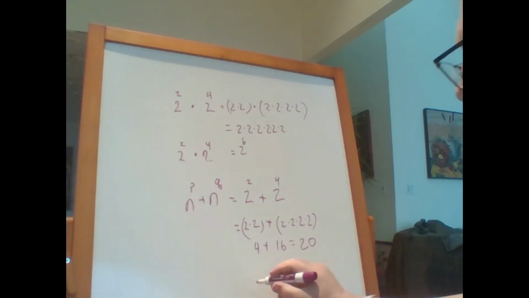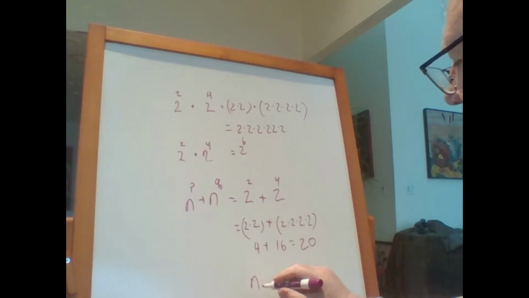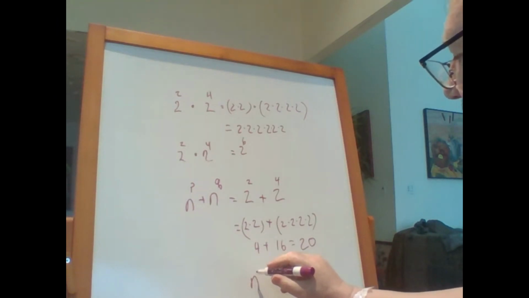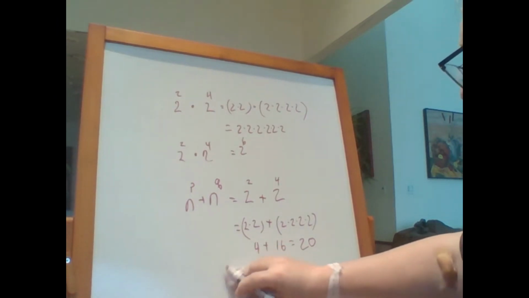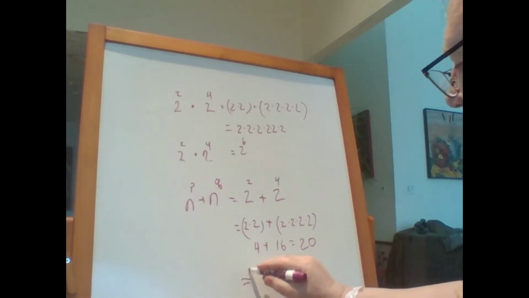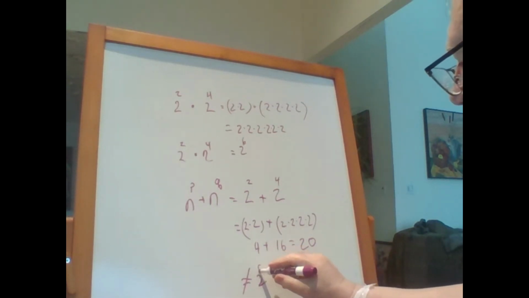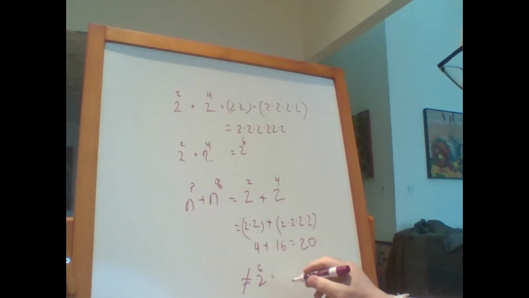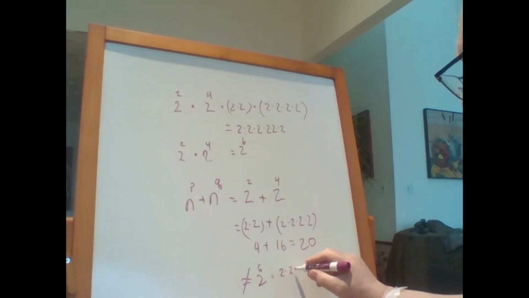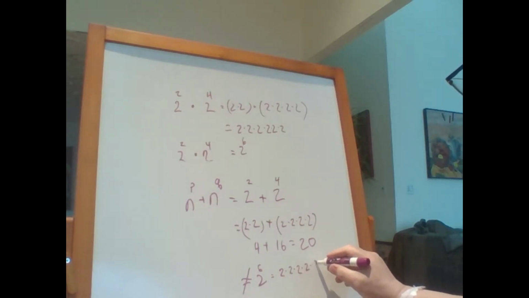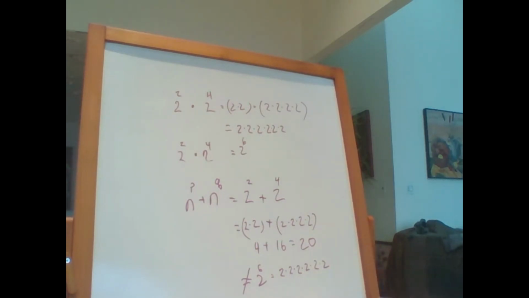That is not equal to 2 to the 6, which is 2 times 2 times 2 times 2 times 2 times 2. This is 8 times 8 equals 64. So you can see there's a big difference.